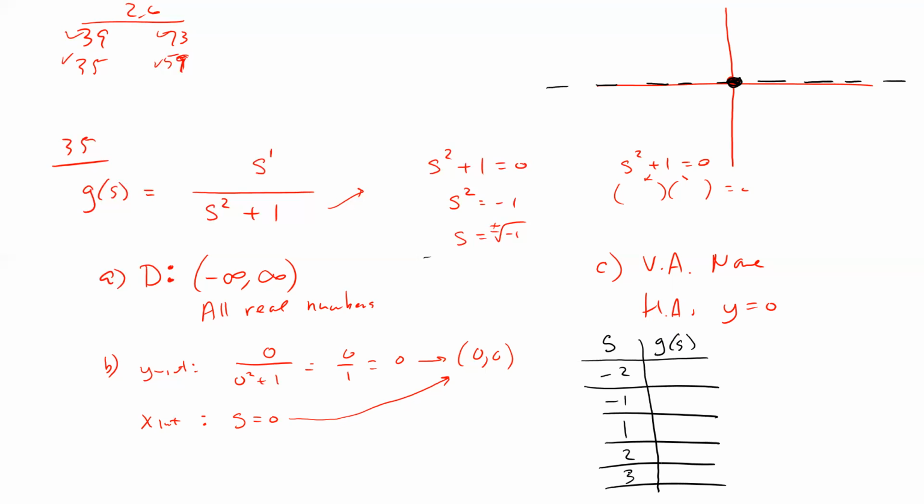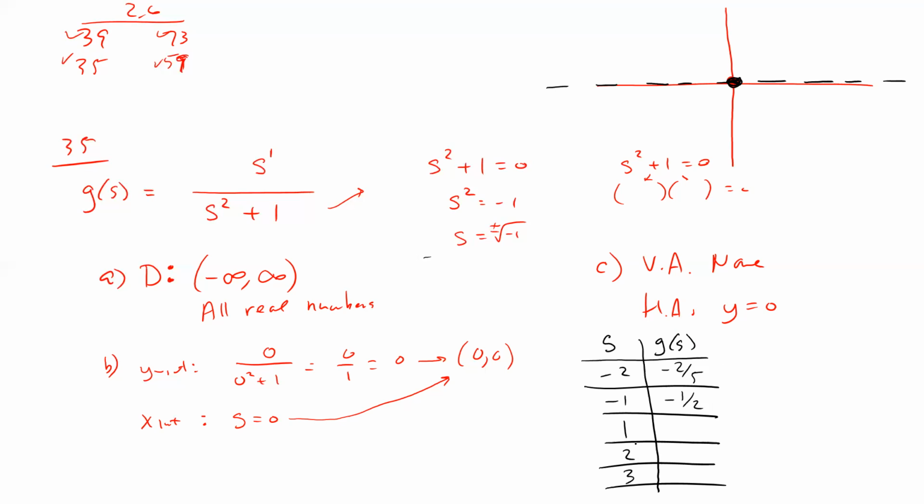So -2 plugged in. What do we get here? -2/5. Okay. -1 plugged in. Is it 1/2? Yeah. 1/2, +1.